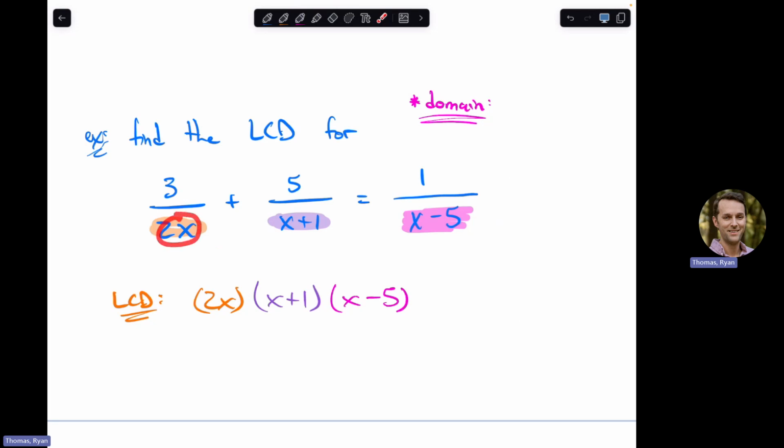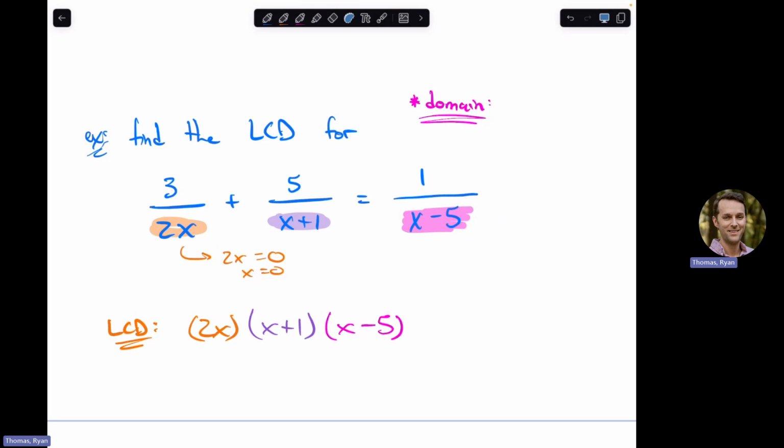What would make this 0? If 2x was 0, then x would have to be 0 as well, because it's 2 times x. So 0 would be a problem.